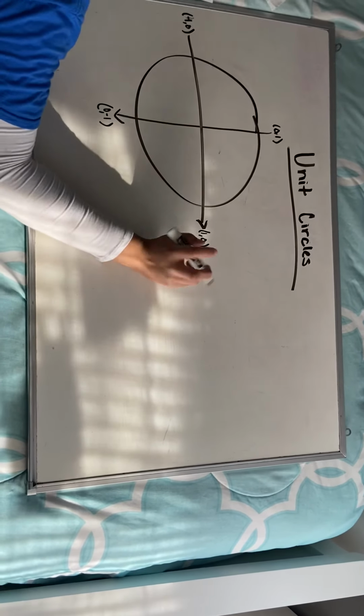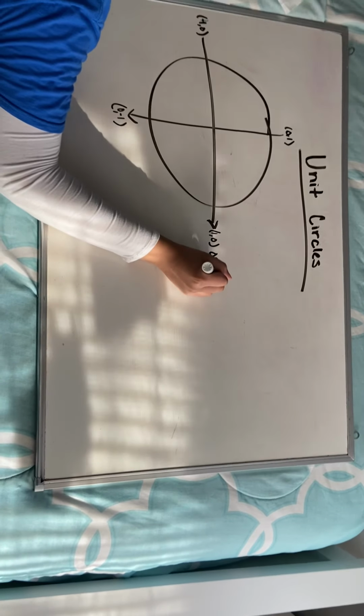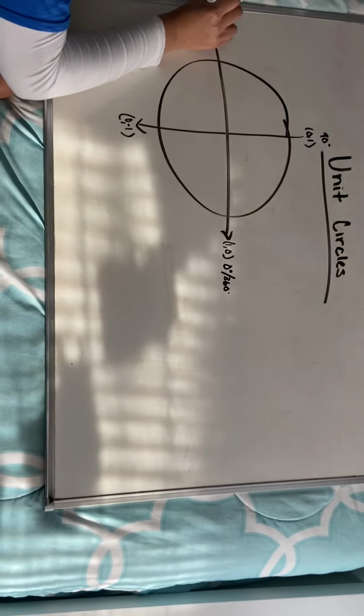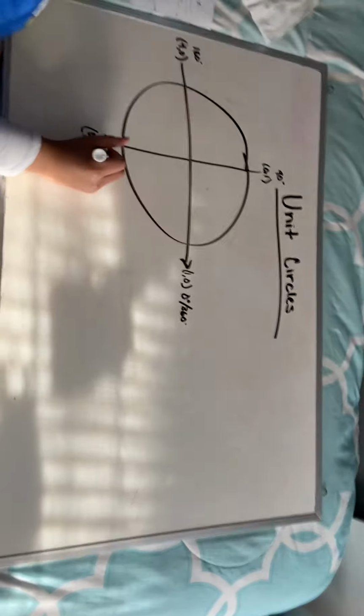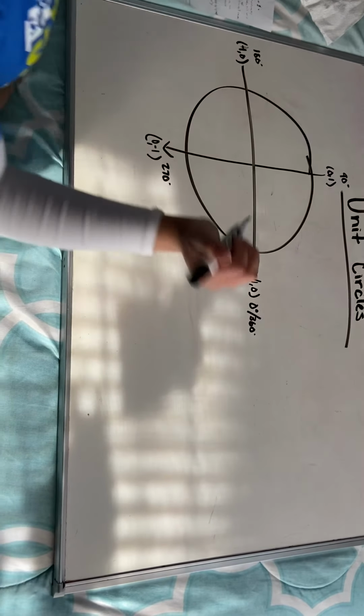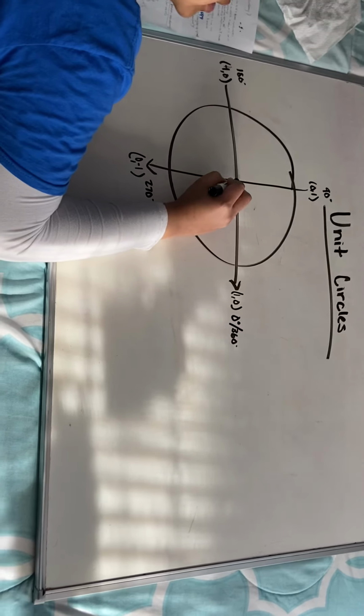Okay, so now this time I'm going to label the degrees as well. So this is 0, 360, 90, 180, 270.